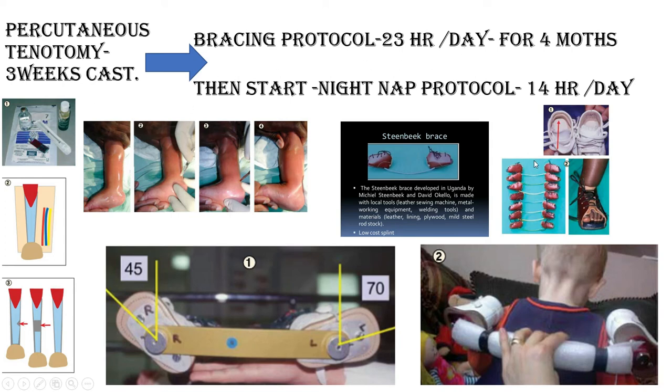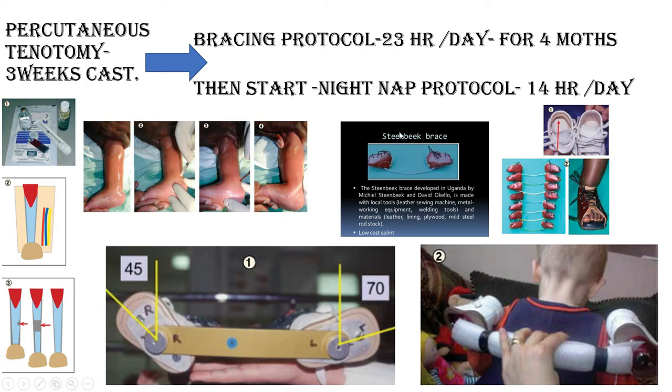What do you mean by bracing protocol? It is actually putting the child in a special type of shoe which has an open toe box, and which is interconnected with a rod. This arrangement is called the Steenbeek brace.